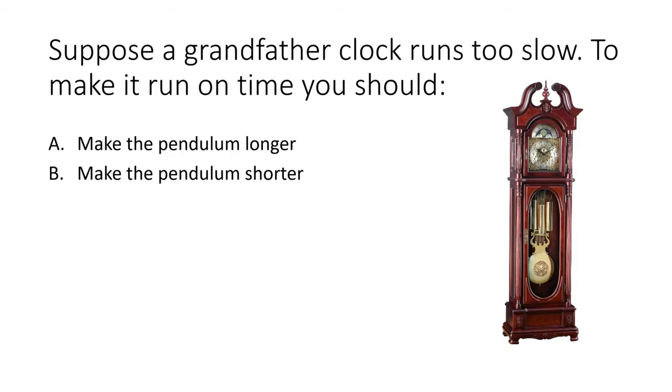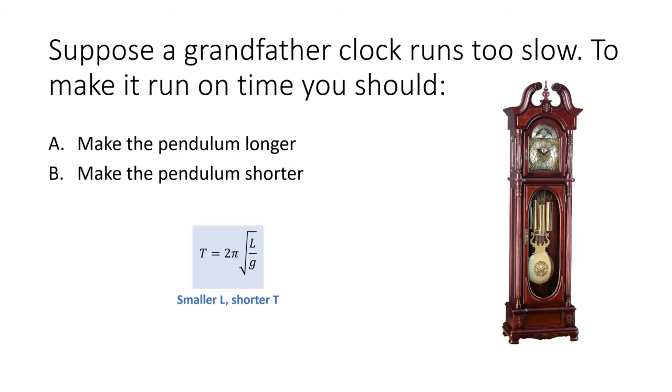All right, so once again, the key here is just going to be remembering the period of oscillation of the pendulum is equal to 2 pi square root of L divided by g. And if the clock is running too slow, what that means is that the period of oscillation, the period of the clock, is actually too long, right? So like 1 second is lasting too long.